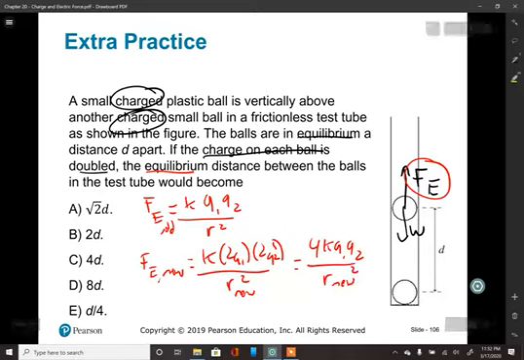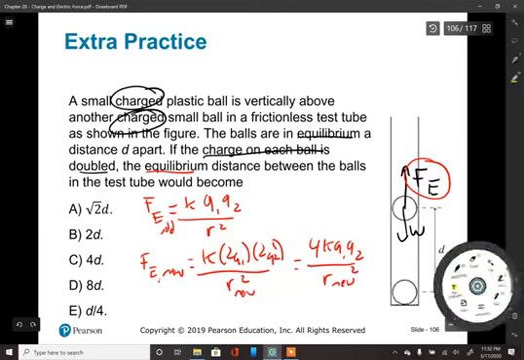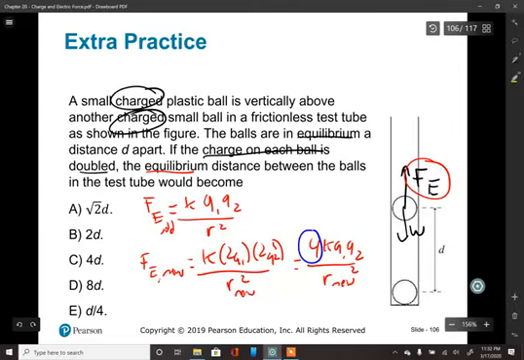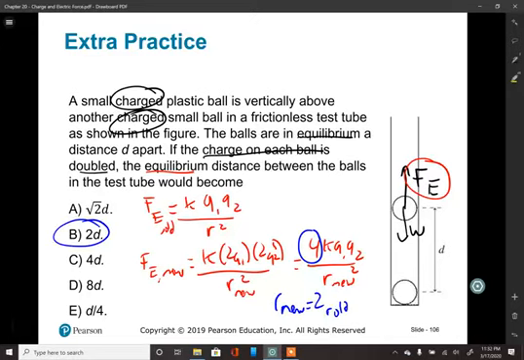So this factor of 4 is the problem. We need to get back to the original force, which means we need to get a factor of 4 in the denominator. And that means that R new has to equal 2 R old, because 2 squared is 4. Then the factor of 4 in the numerator and the denominator will cancel, and the electric force will still balance the weight. So it should be twice the distance, 2d.